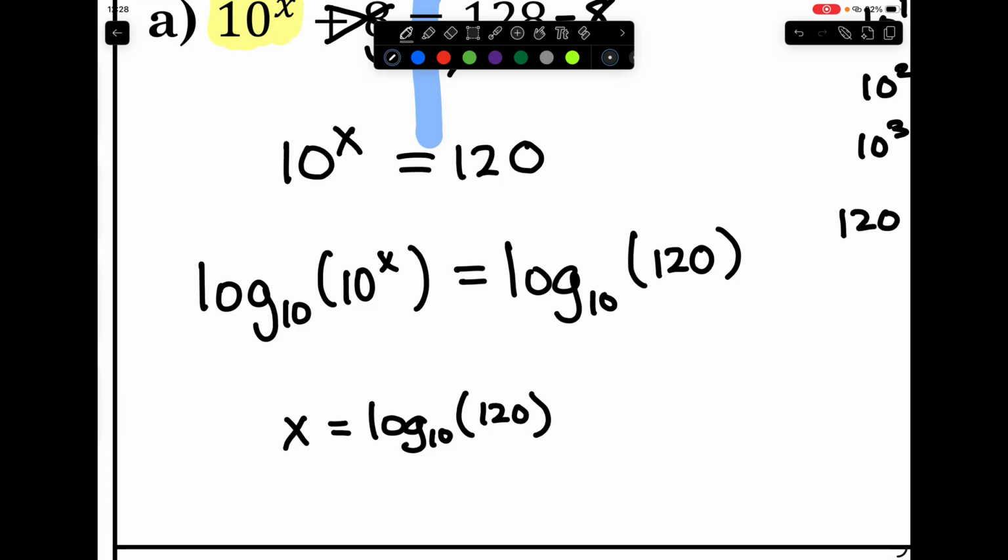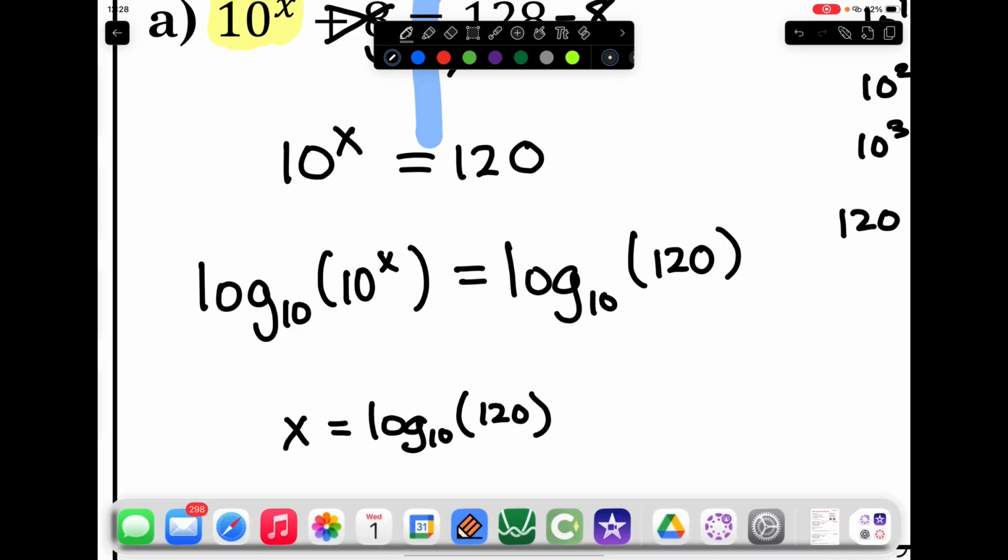Now, you can plug this into Desmos, and because Desmos has the ability of evaluating the common log, this right here is your answer. And the approximated value of this, let me get Desmos out.